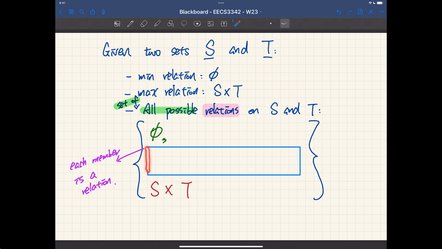What would be the systematic way to enumerate? Should we enumerate based on certain criteria, so we can enumerate one after another? On the cardinality of the relation, exactly. That's what we're going to do, all right?